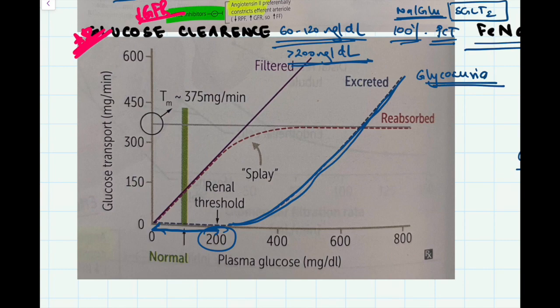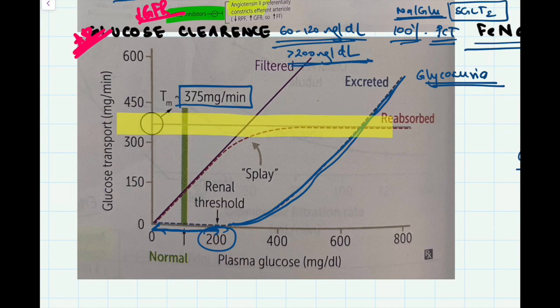Now what happens is that if the glucose transport reaches more than 375 milligram per minute, right, this is called the transport maxima. So at this rate, all the transporters of the glucose are fully saturated.